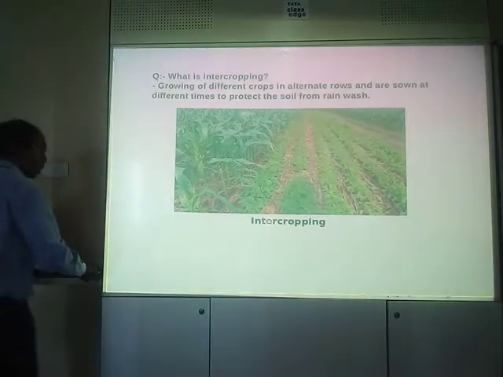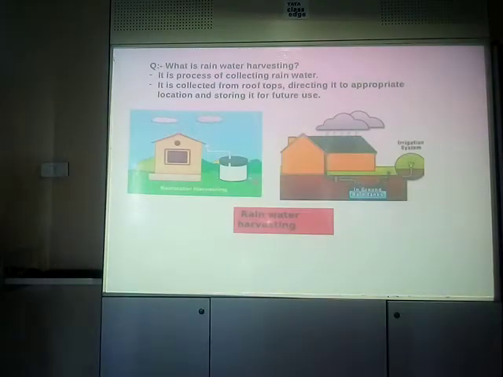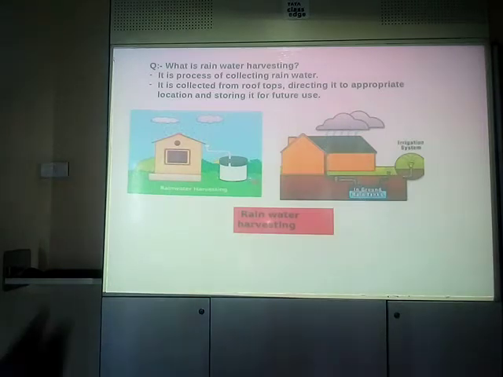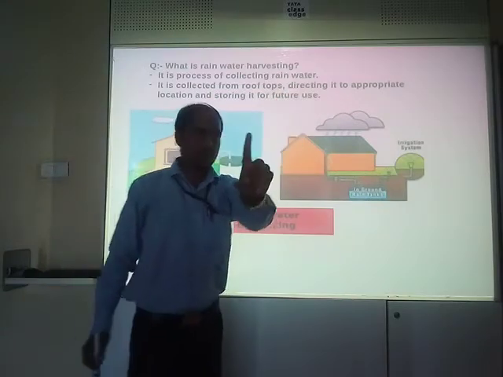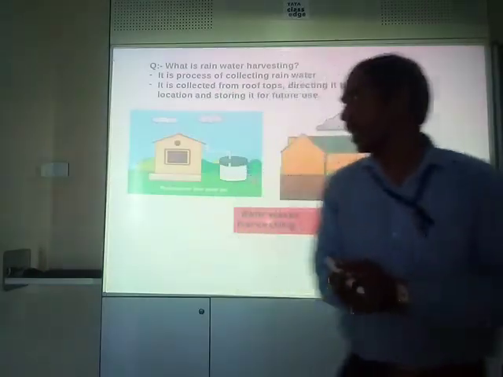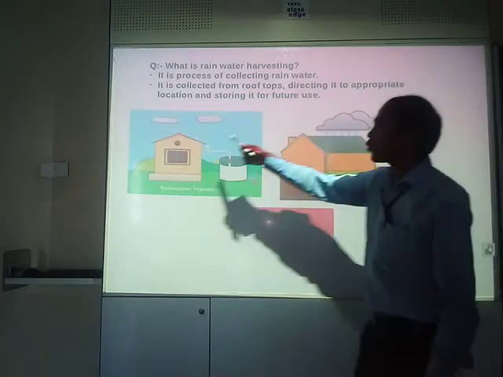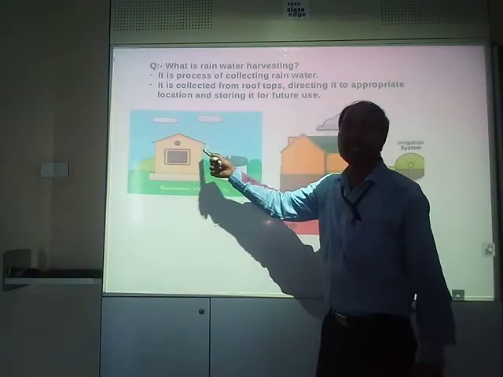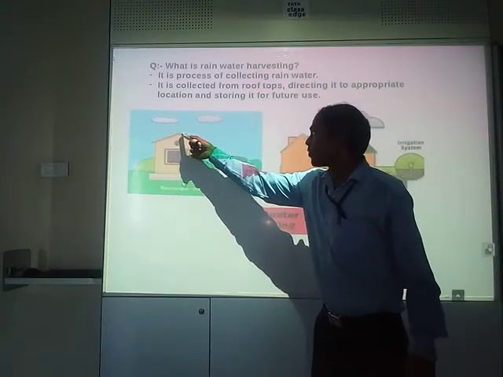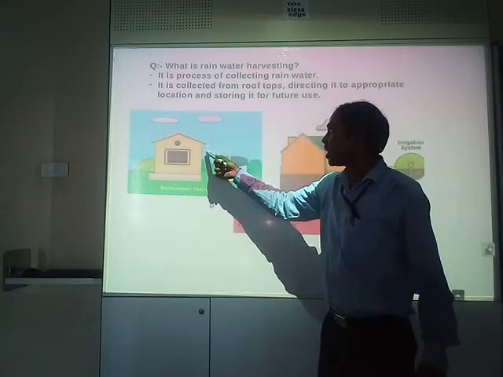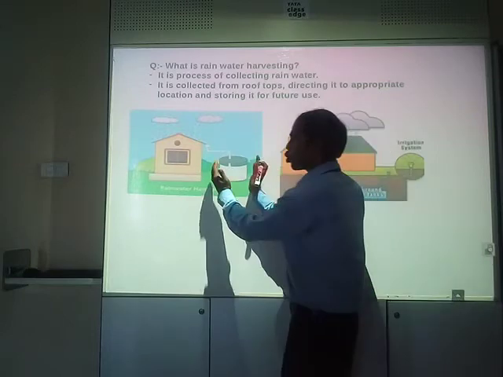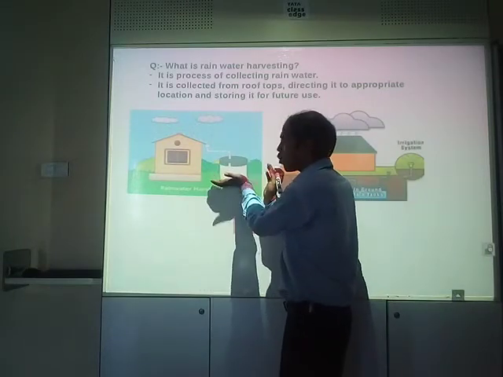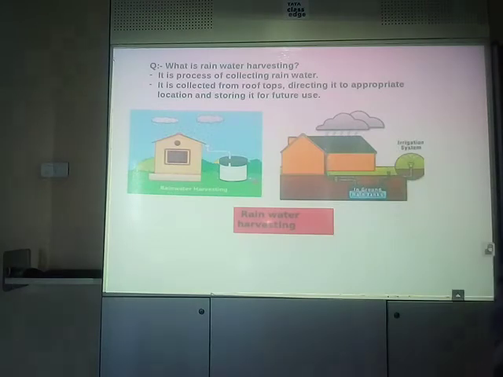Intercropping. Now another term, rainwater harvesting. As I have already told you, later on I am going to discuss what you mean by the term rainwater harvesting. It is a process of collecting rainwater. First of all, collection of rainwater, and it is collected from the rooftop. See in the diagram, you see clearly that if the water comes from the rooftop, it will get collected inside a pipe, and you can store that water for different purposes, right?